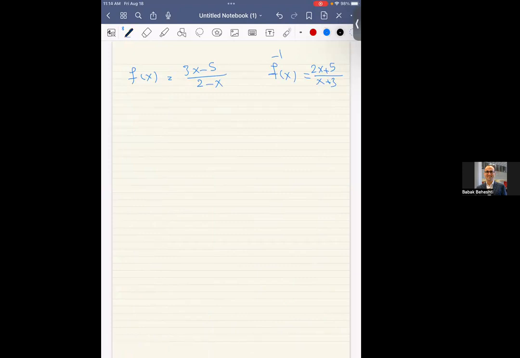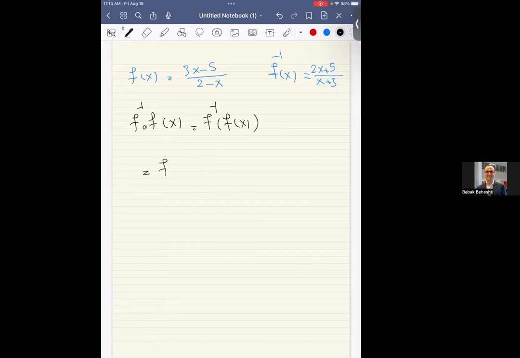Now I want to show that when you compose f with f inverse, for example, f o f inverse, you must get x. Okay, let's do f inverse o f. So f inverse o f is f inverse of f of x.